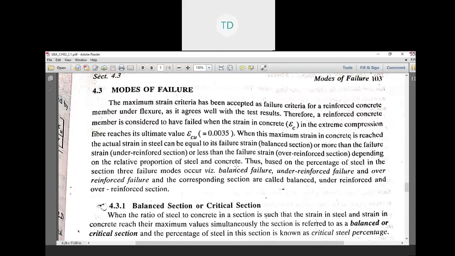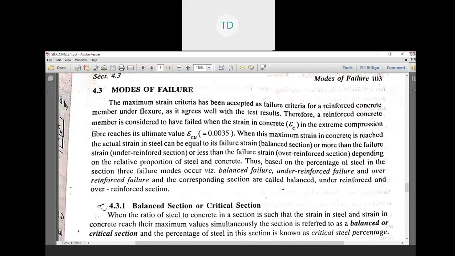In designing a reinforced concrete structure, the proportion of reinforcing steel and concrete is such that the structure stands monolithically for its lifetime. Thus, based on the percentage of steel in the section, three failure modes occur: balanced section, under-reinforced section, and over-reinforced section.